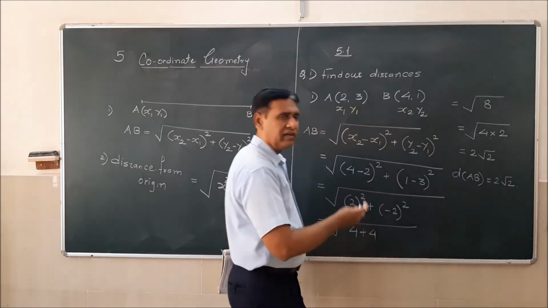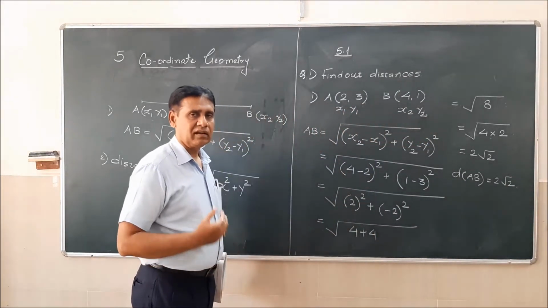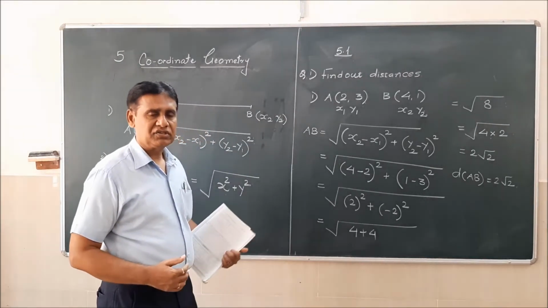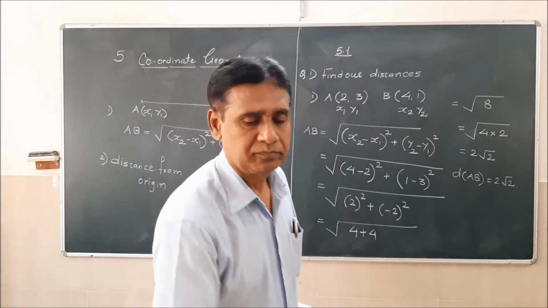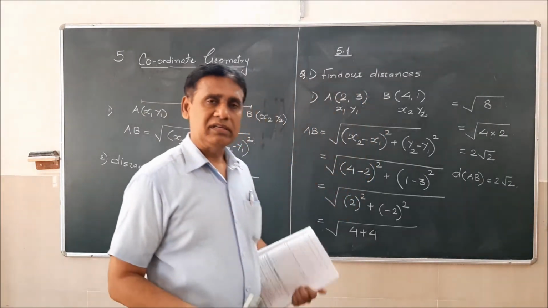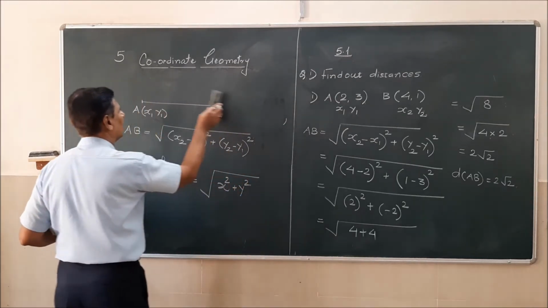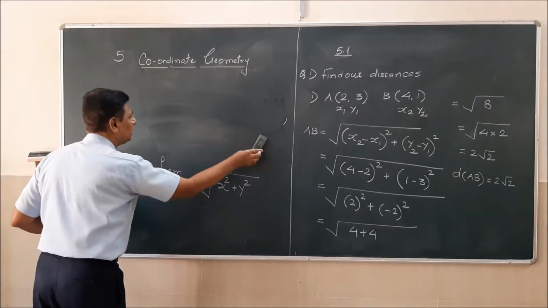This is how, in a very simple manner, you can find the distance between the given points. Now let's do the second sum. In the second sum, the points are given as P, Q.